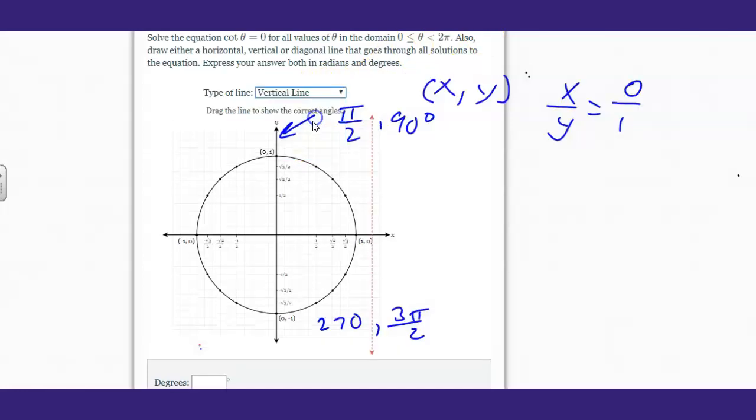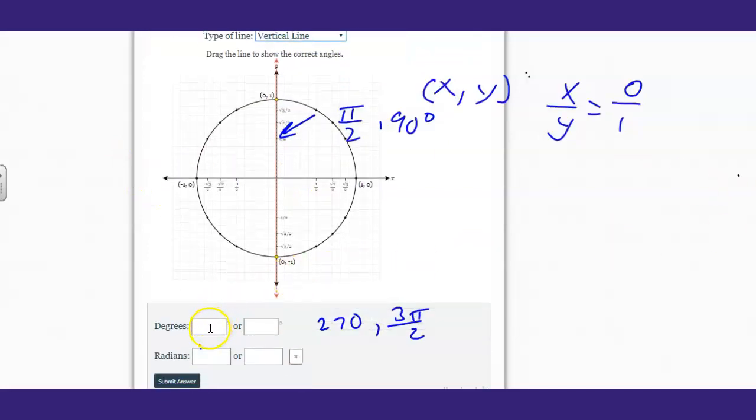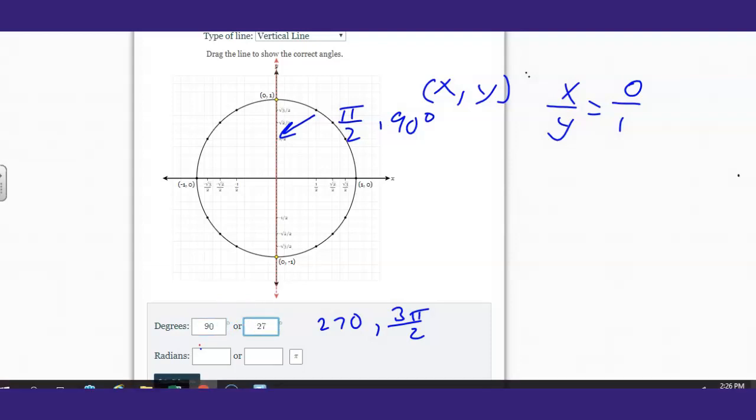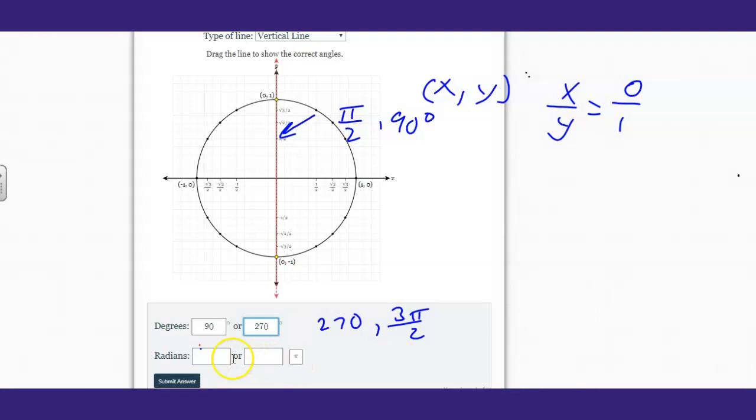I need a vertical line. I'm going to move it right there, and then I express it. In degrees, 90 and 270.